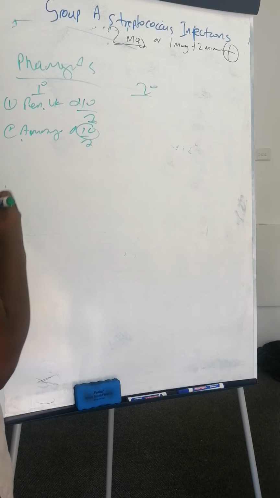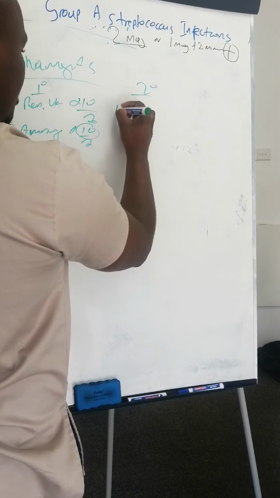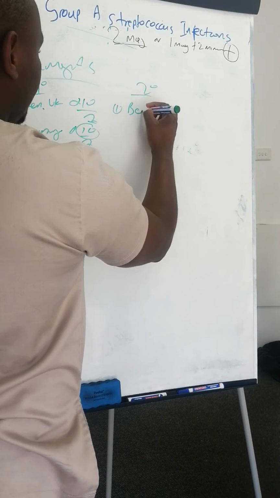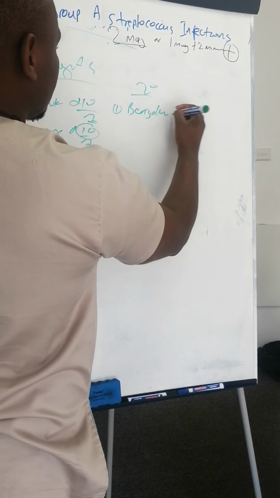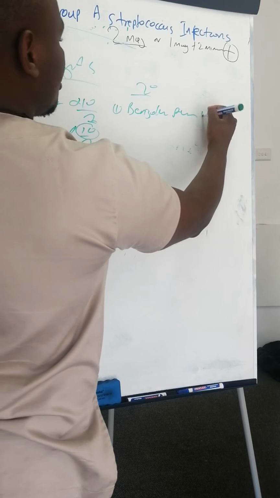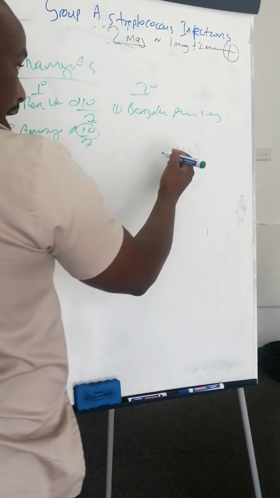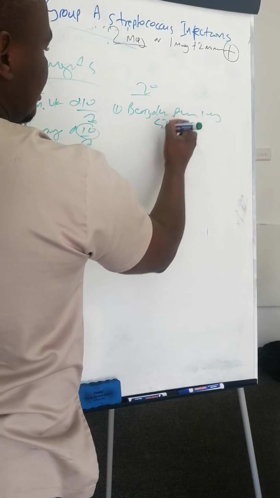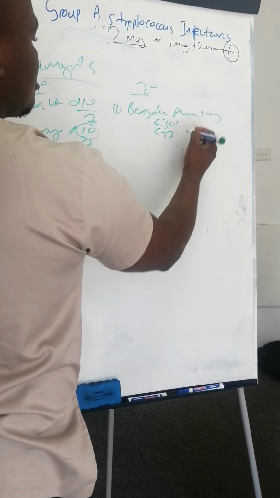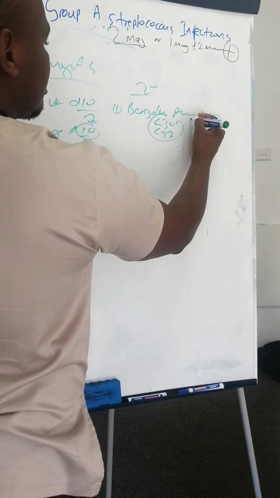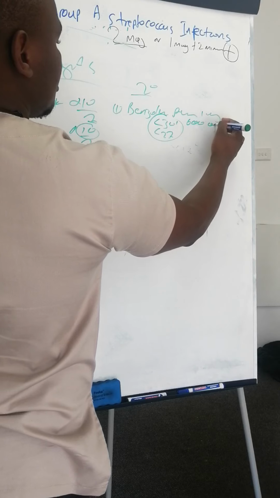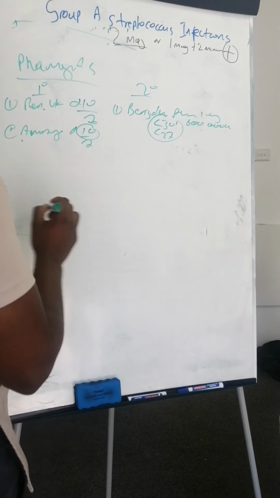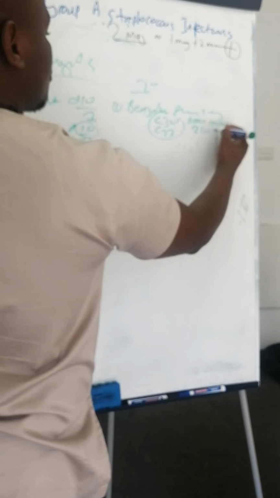There are different protocols that people are following, but the most important thing is that these people need to be on benzathine penicillin injections, which is according to weight. Some say less than 30, some say less than 27 kgs, but these ones that are less, they need 600,000 units of benzathine penicillin every 21 to 28 days.